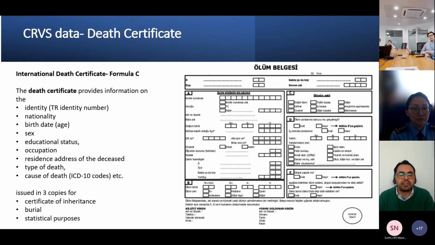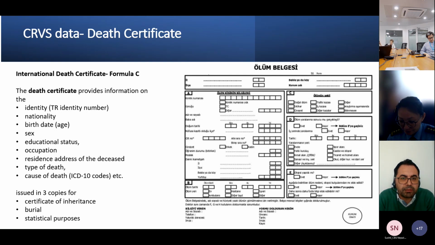The other system that I want to mention today is the well-functioning system of registration of deaths in Turkey. The mortality statistics are derived from the administrative records of the civil registration systems, which record all the deaths and causes of the deaths in the country. As seen in this slide, Turkey uses the international death certificate, which is known as Formula C, to record the deaths.